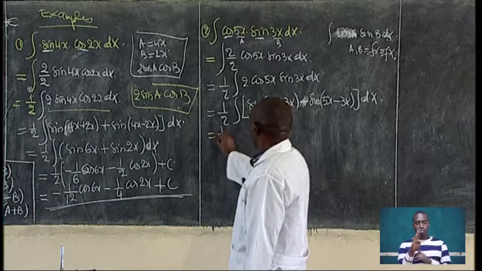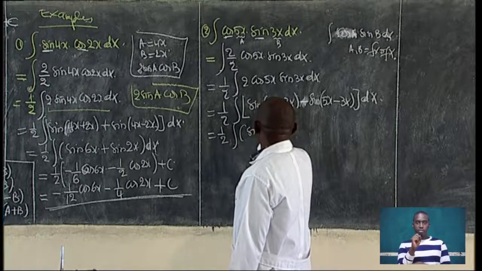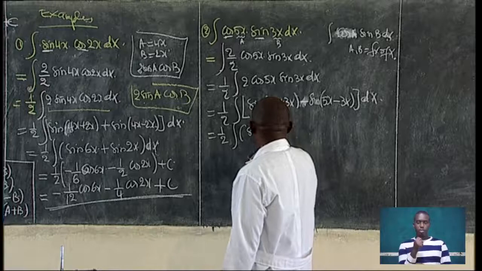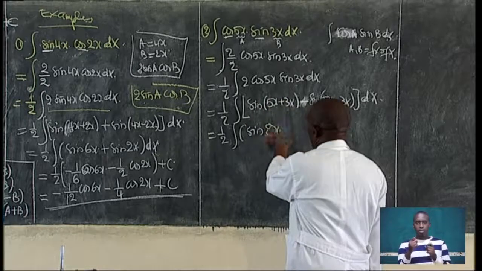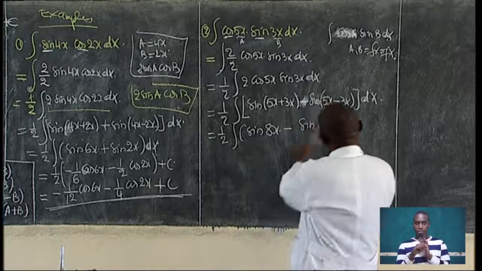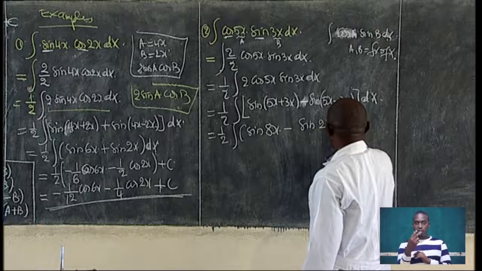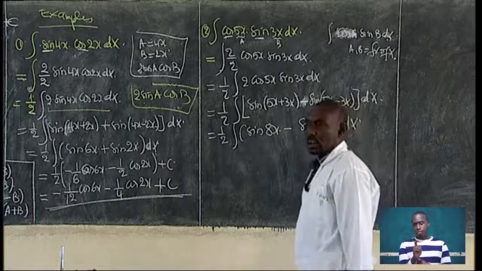This is a half integral of sine 8x, because 5x plus 3x is 8x, minus sine of 5x minus 3x is 2x, then dx.